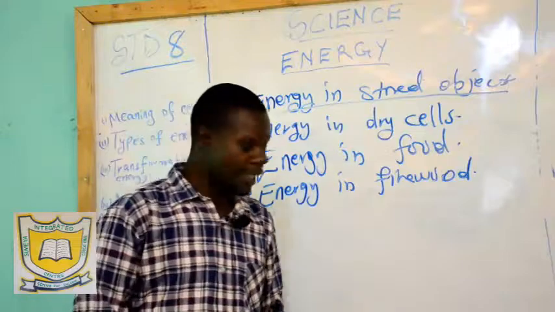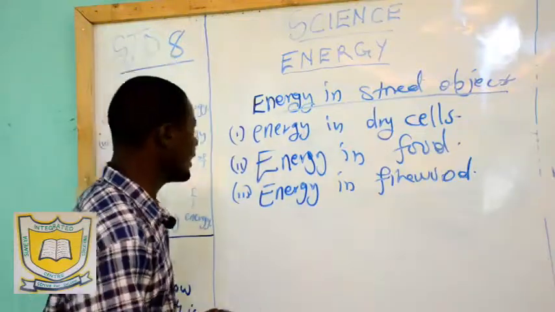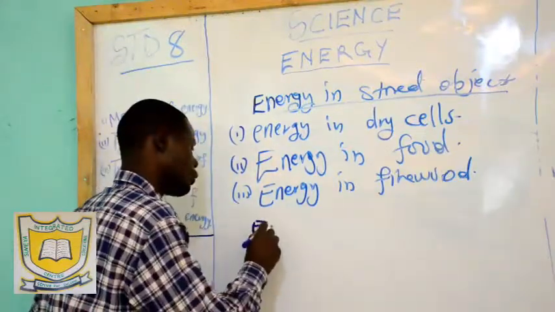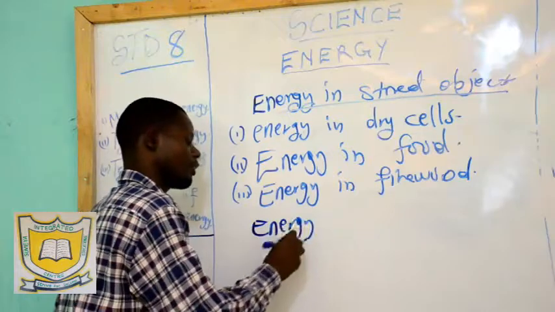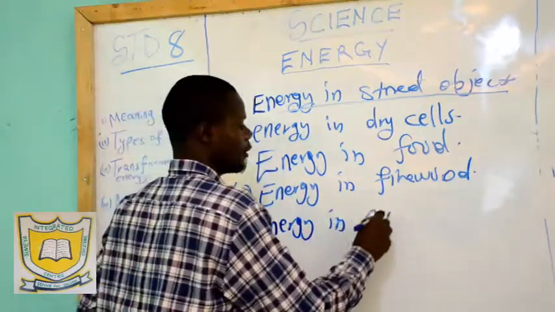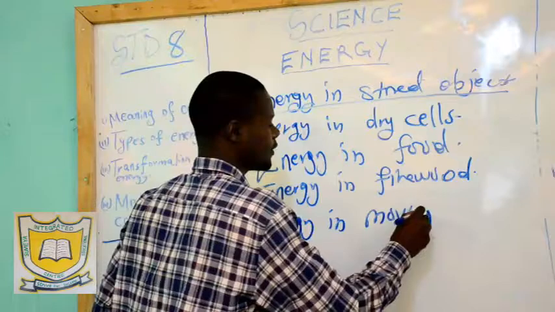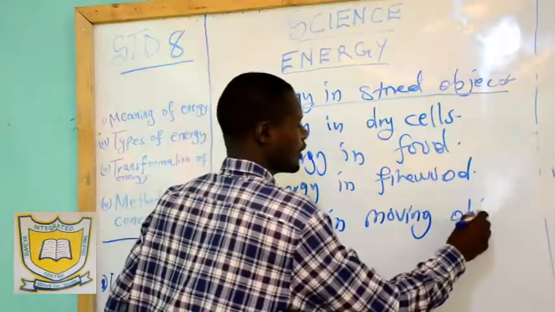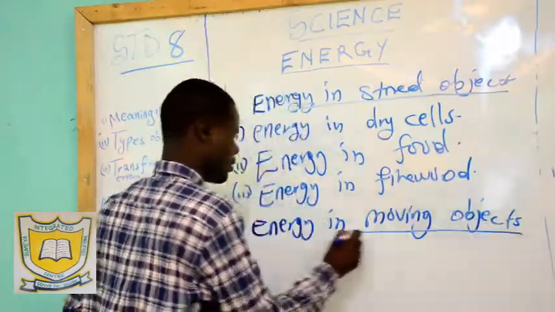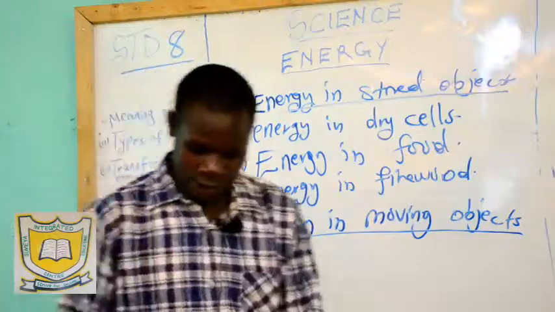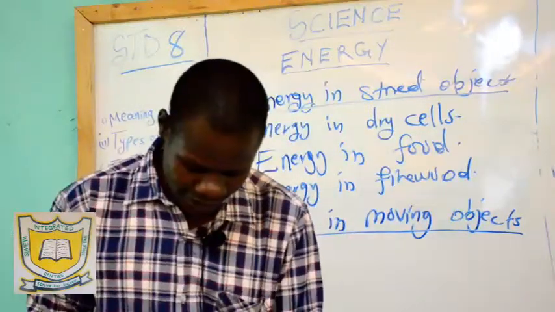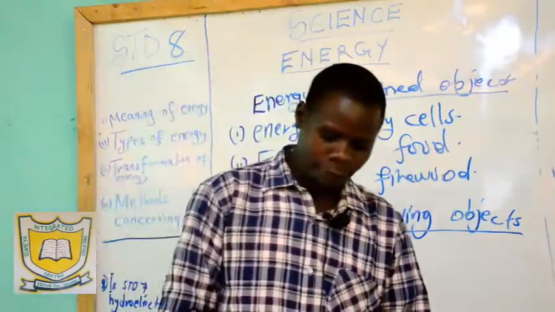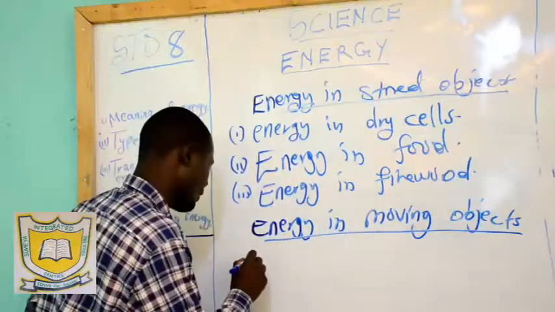But now, let us see examples of energy in moving objects. Examples of energy in moving objects. We have running water, number one.